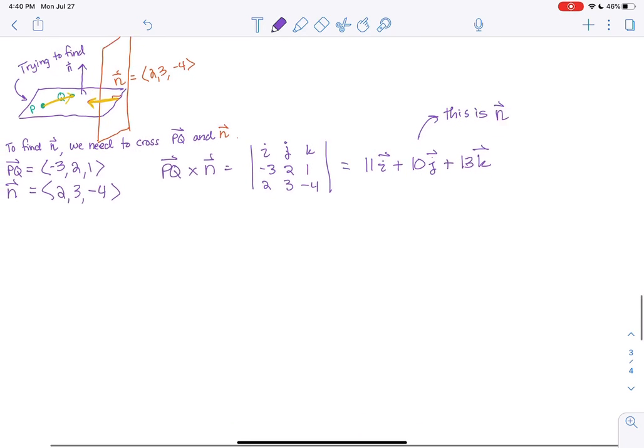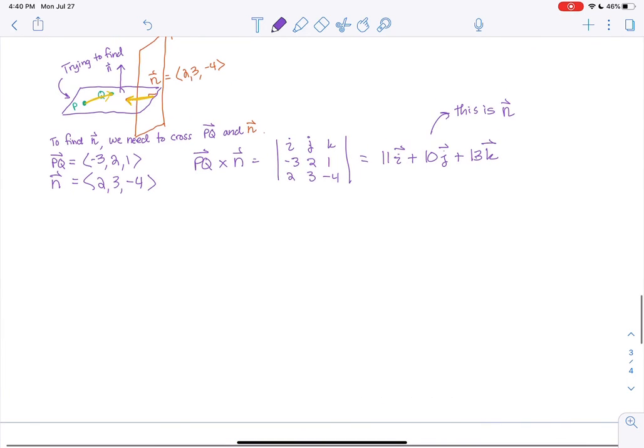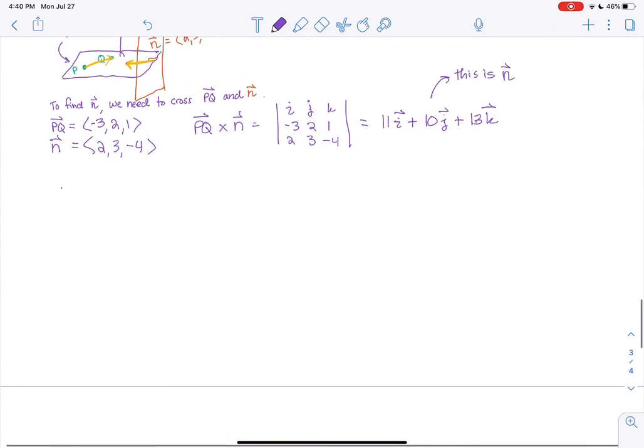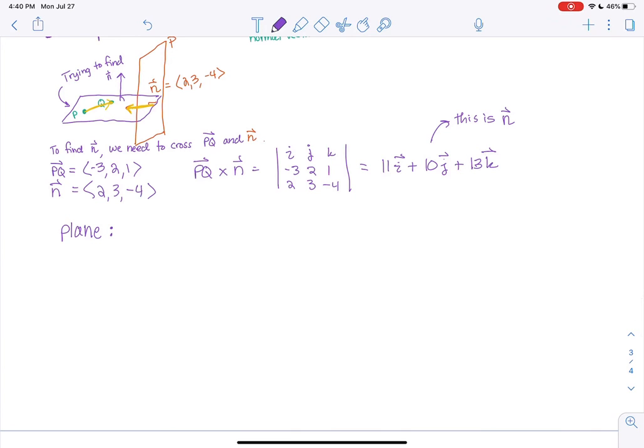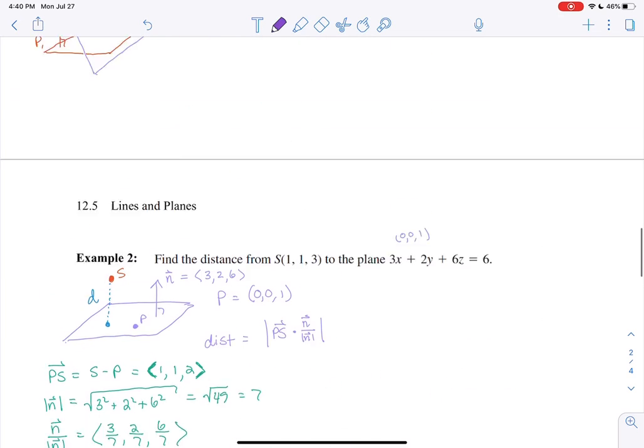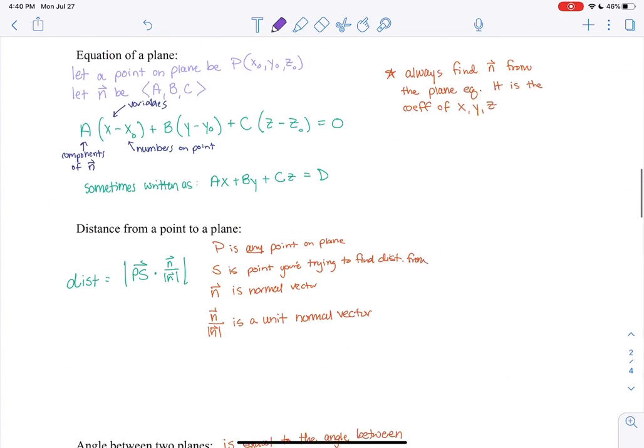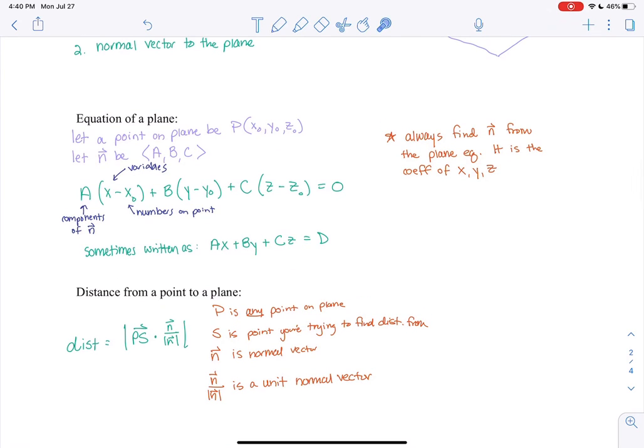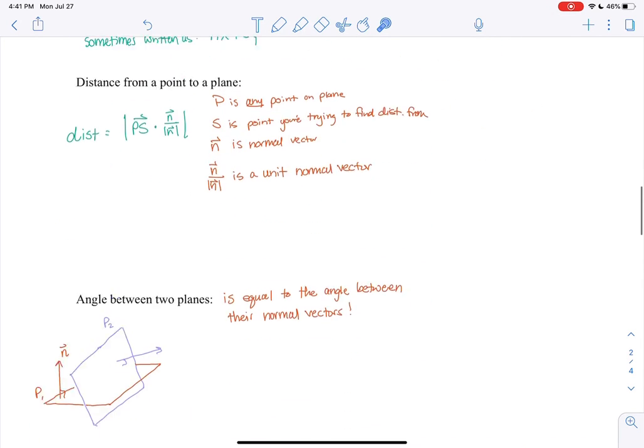So now, writing the plane equation is really easy. So the plane is going to be those coefficients of the normal vector. Let's get our plane equation, where it's the coefficients of the normal vector times the variable x minus a point on the plane, the variable y minus the y point on the plane, and the variable z minus the z point on the plane, set equal to 0.